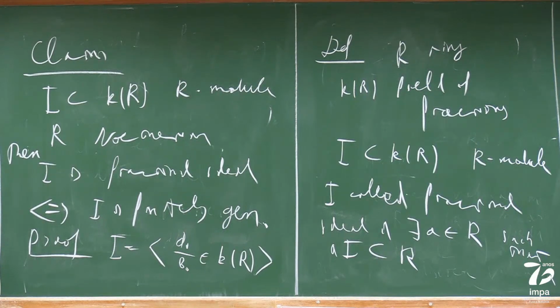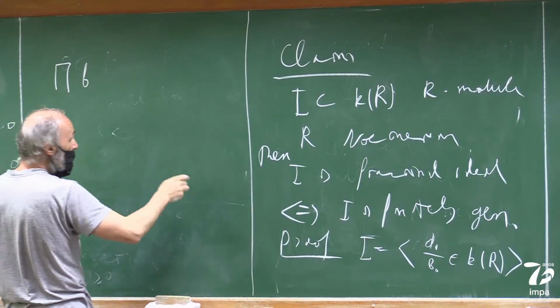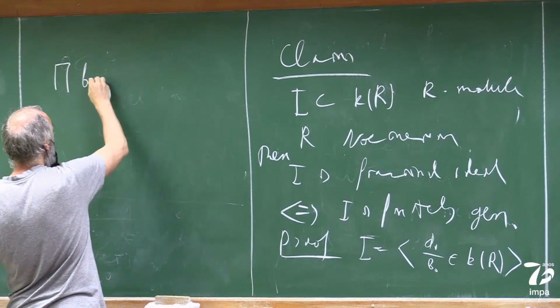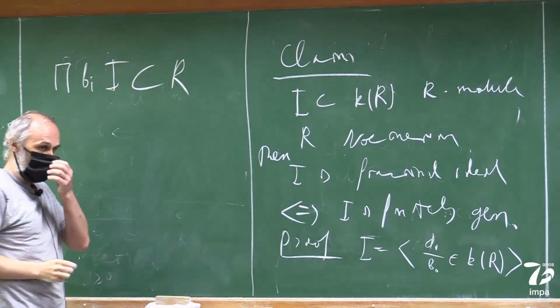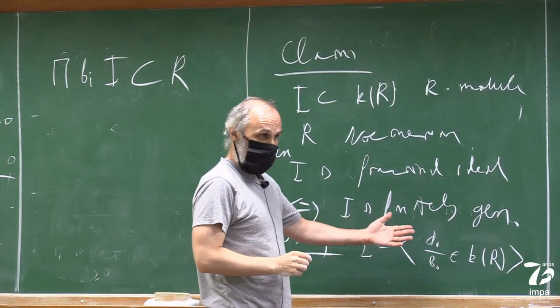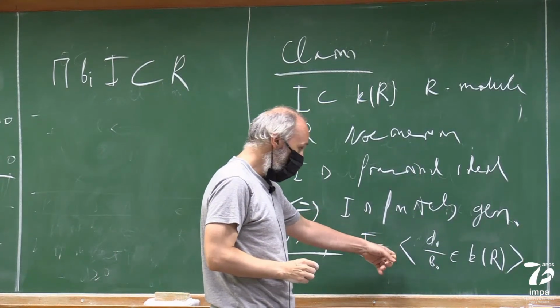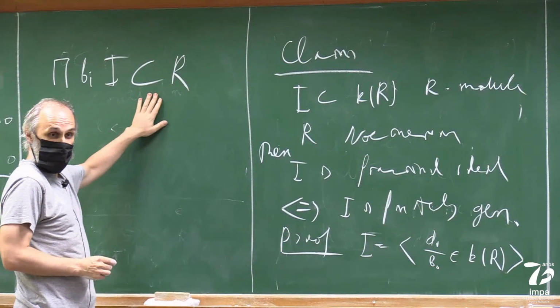This means that if you multiply all elements of I by the product of the b_i, it belongs to R. So if it is finitely generated, then it is a fractional ideal, immediately.